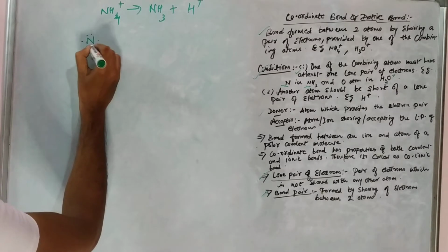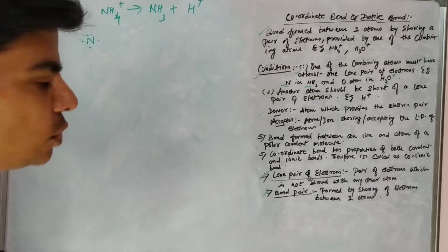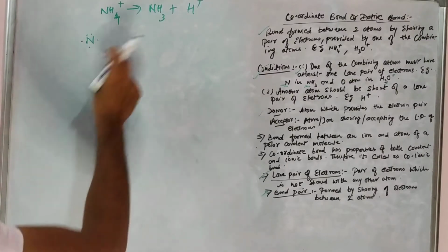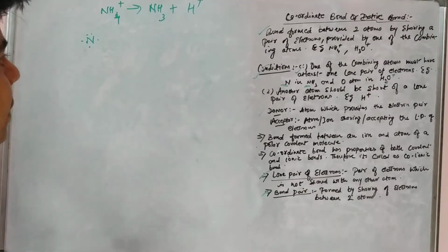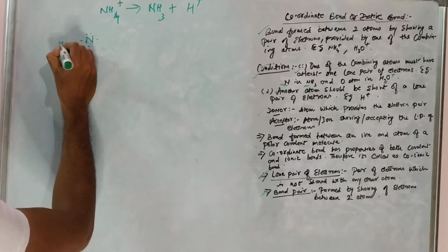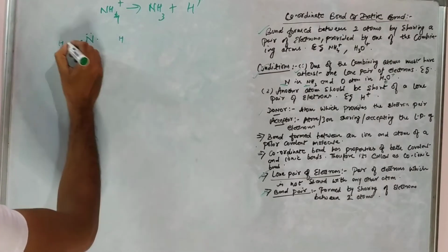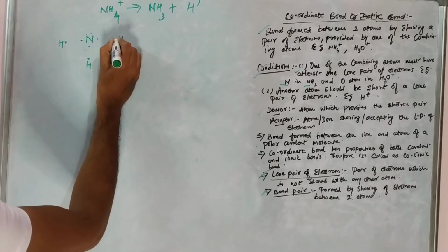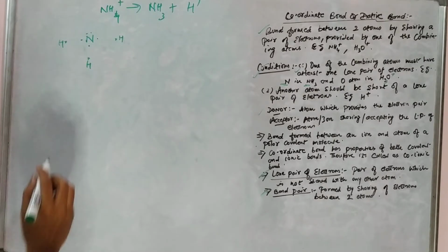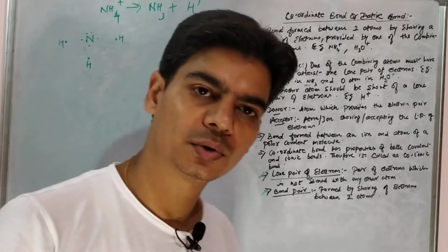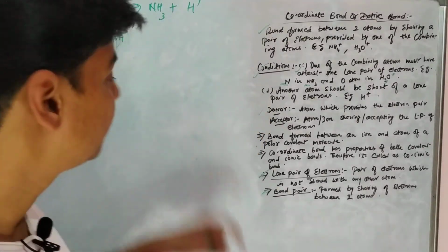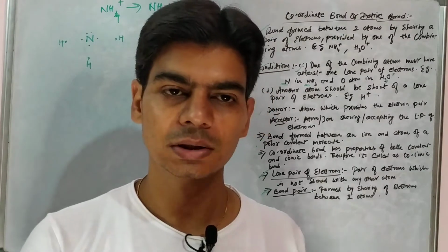We know that nitrogen has 5 electrons in its outermost shell, right, and it has to combine with 3 hydrogen atoms in the formation of the ammonia molecule. So each of these hydrogen atoms will try to acquire 2 electrons in its outermost shell, and the nitrogen atom will try to acquire 8 electrons in its outermost shell.